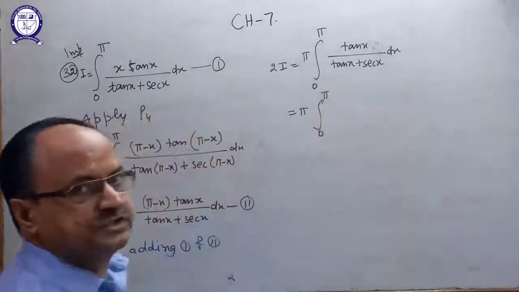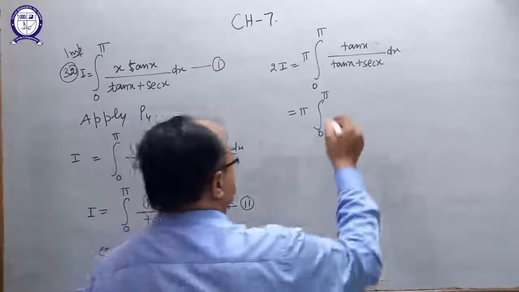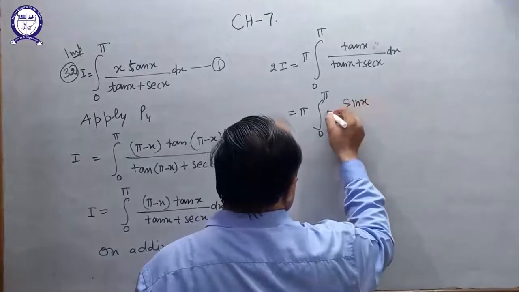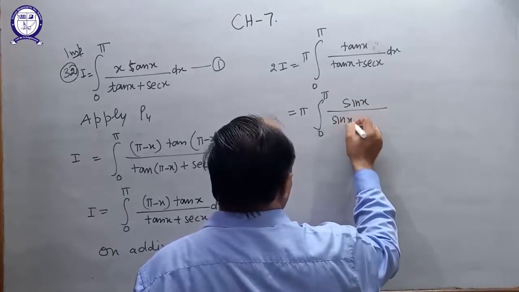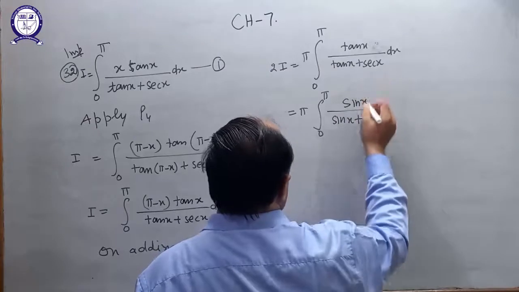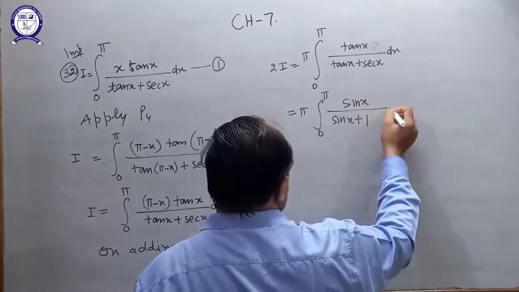Now convert the question in the form of sin and cos. You can write here sin x upon sin x plus 1 dx.